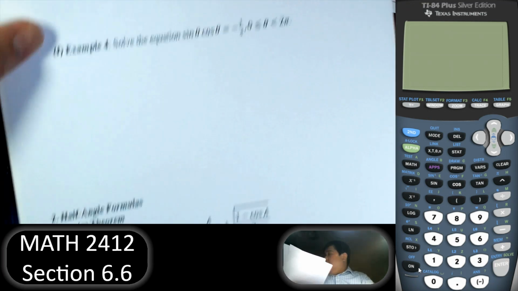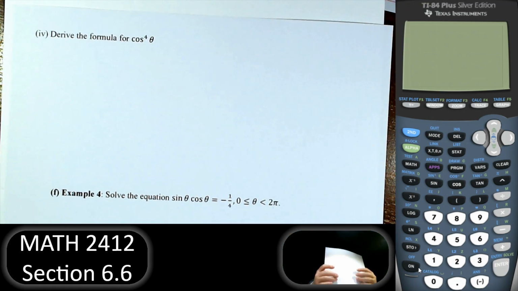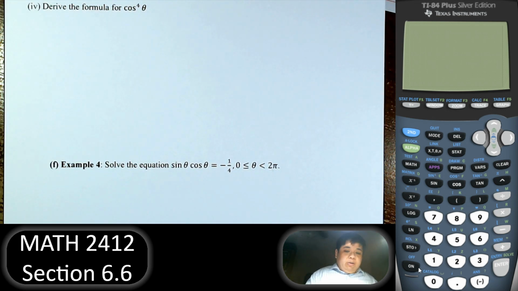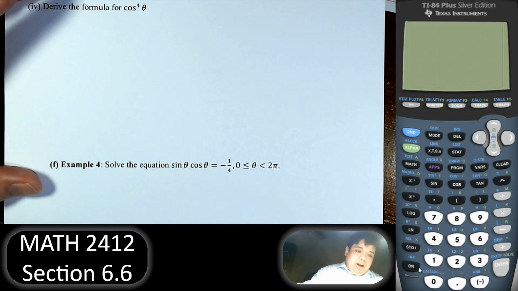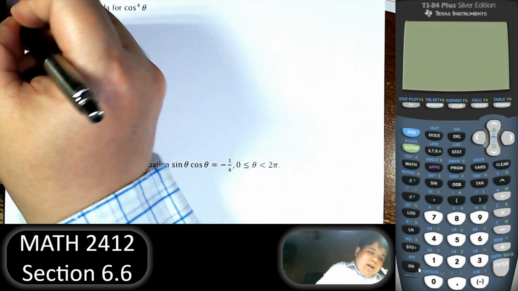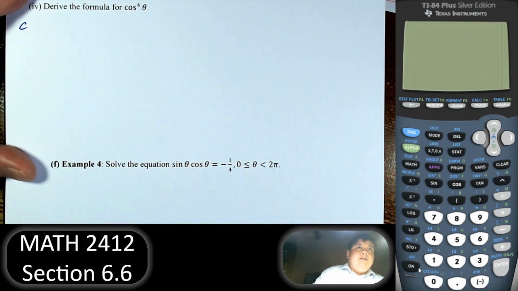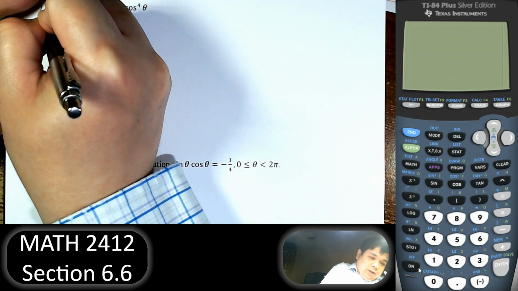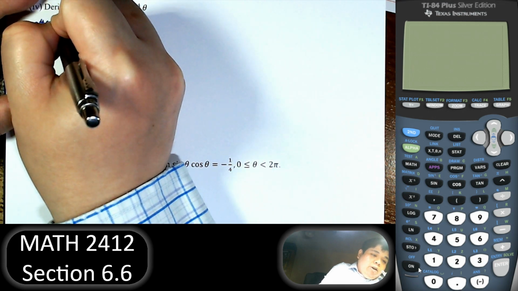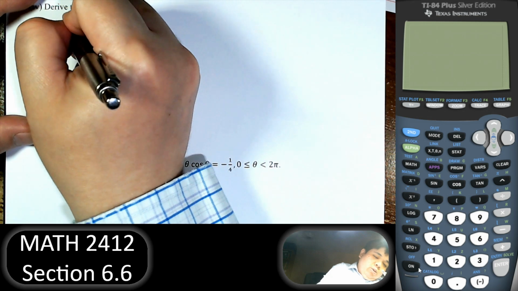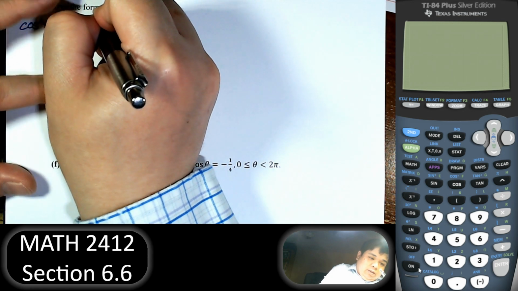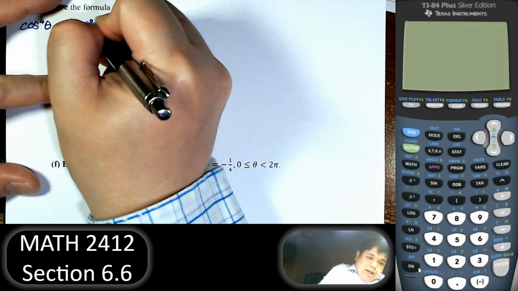And what happens if we have the fourth power? Derive the formula for cosine theta to the fourth power. First of all, cosine to the fourth power we can write as cosine square and then square.